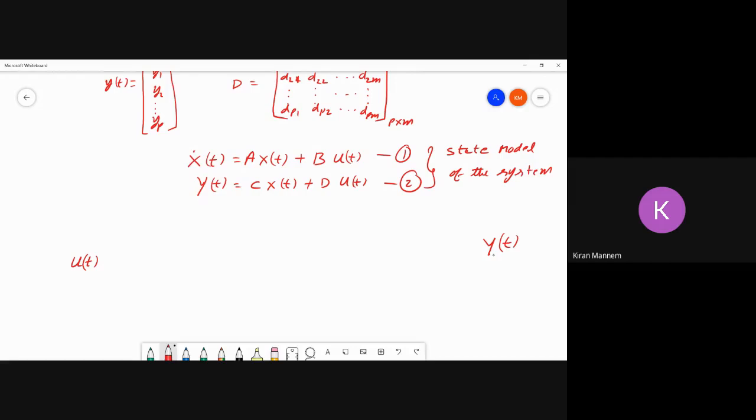So let us start with the first equation. Your input is multiplied with the B matrix and the D matrix. So input must be given to the B matrix. I can represent the B matrix with a block, and then the D matrix.